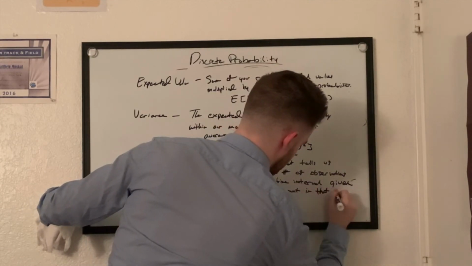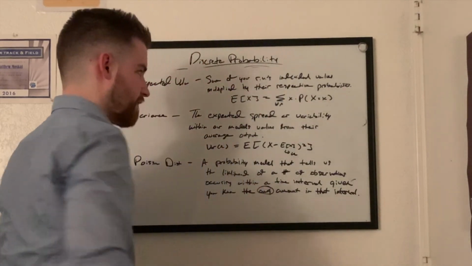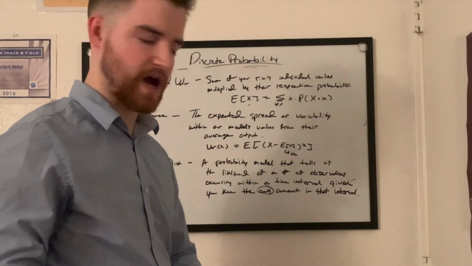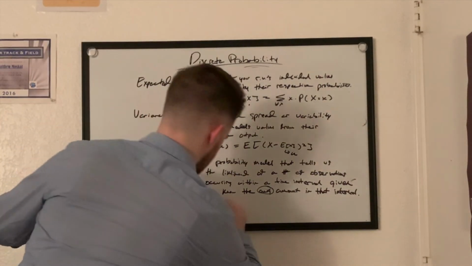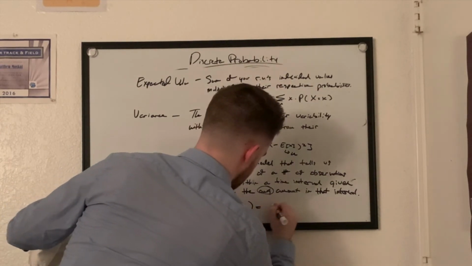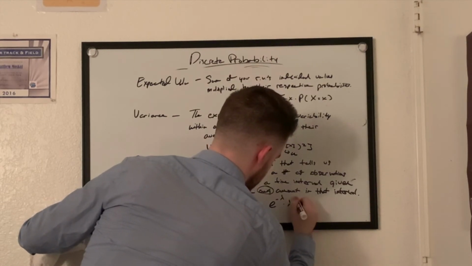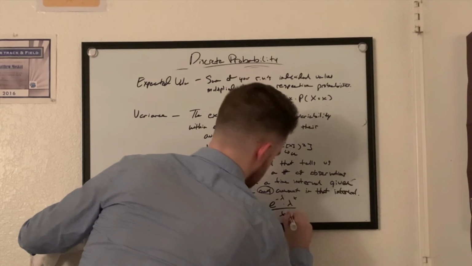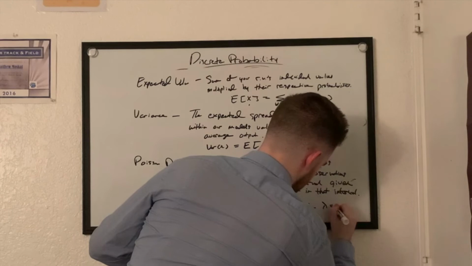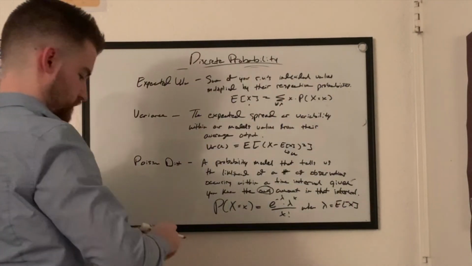And when I say average, I literally mean the expected value, because expected value is another name for it, it is just the average. And this is given by the probability X equals little x is e to the negative lambda times lambda to the x over x factorial, where lambda is equal to the expected value of the model.